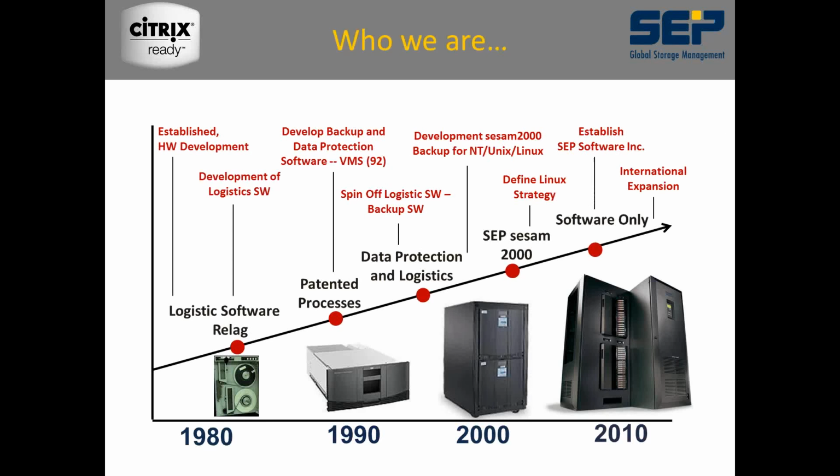I know a lot of you may be familiar with our company and what we do. For those joining that are not familiar, we just wanted to give you a brief overview of some company history, how we started, who we are, and what we do. SEP is an enterprise-level backup company. It started in 1983 in Germany as production automation software manufacturers.